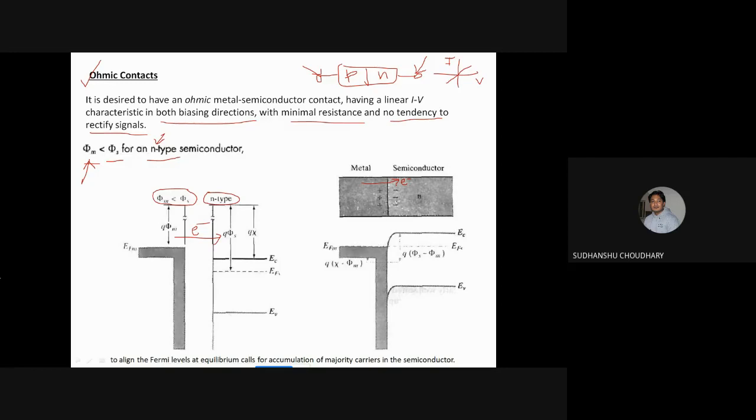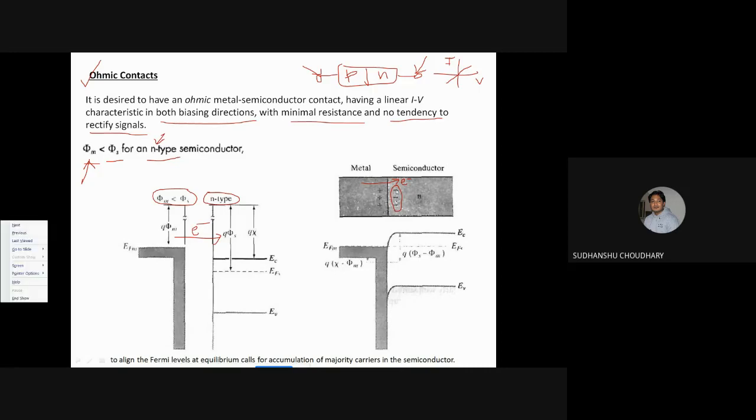Okay. Now when the electrons move into the semiconductor side, we have electrons or negative charges deposited on the semiconductor side of the junction. Right. So when the electrons are moving from metal to semiconductor, these negative charges are accumulated on the semiconductor side.